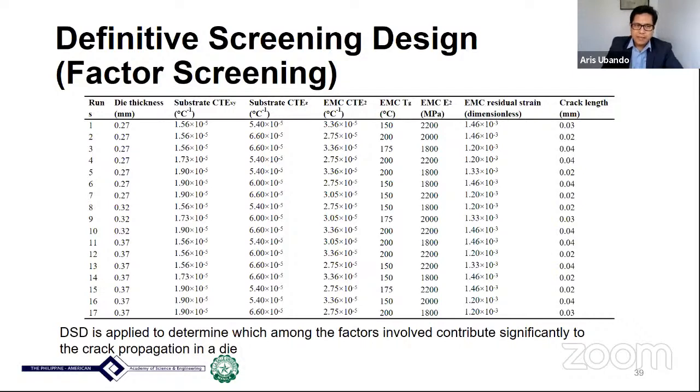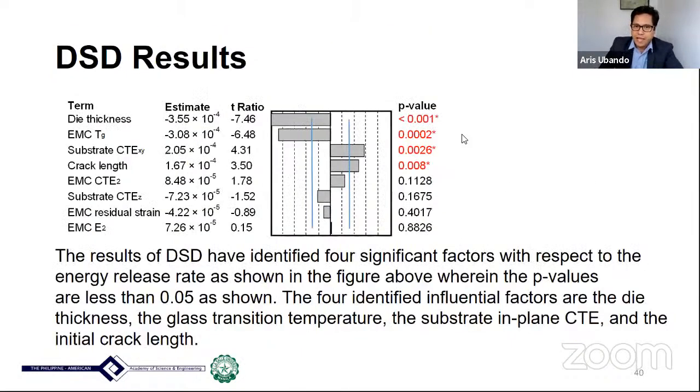So the results of the DSD showed here that we have 4 highlighted factors. So we have a p-value of less than 0.05, which indicates that these 4 factors are the most significant factors in terms of the crack propagation.